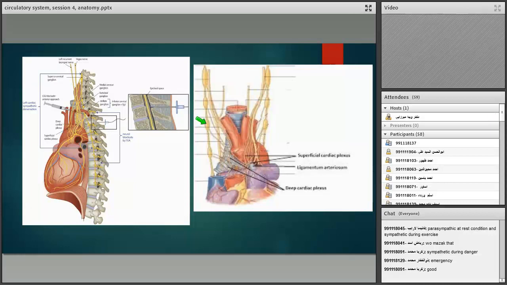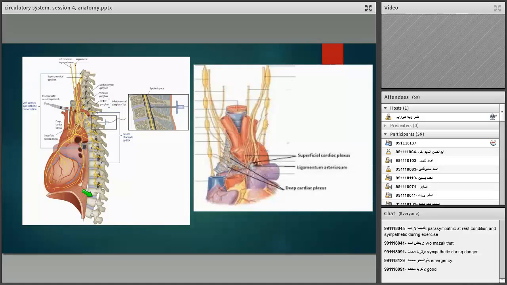And after that, we have the thoracic nerves, T1 to T12. The main part of the sympathetic nerves are in the thoracolumbar part of the spine, from T1 to L2.